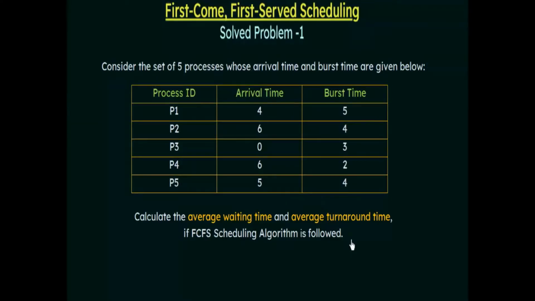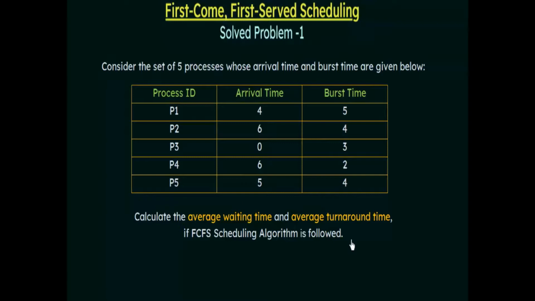As you can see here, we have 5 processes whose arrival time and burst time is given. The process P1 arrives at 4 units of time and the burst time of this process is 5 units of time.